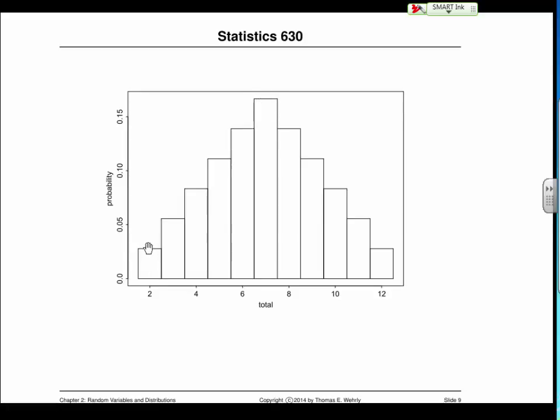Probability of the 2 is 1 out of 36. Similarly, probability of 12 is 1 out of 36. So for discrete random variables, often we'll draw a bar chart like this showing the probabilities. It shows us the most likely value is a 7. The next most likely values are 6 and 8, and so forth.